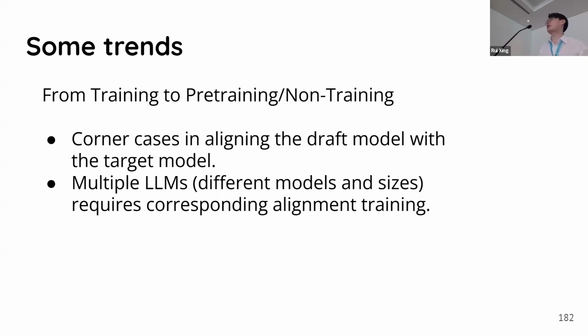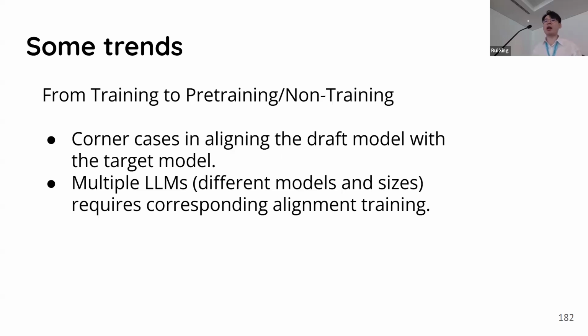The second trend is from training to pre-training or non-training. To obtain the draft model in traditional speculative decoding, we usually need alignment training between the draft model and the target model. Essentially, it is a distillation process.